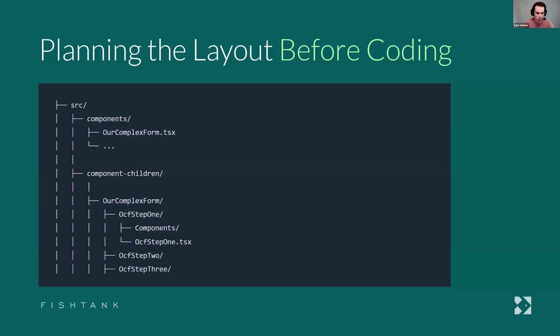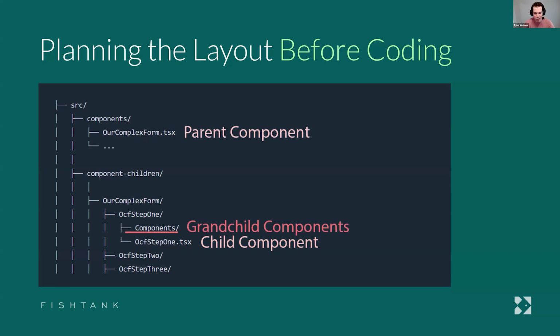So in this example, I have our complex form under components, and then inside of component children, I have a folder called complex form, and then another folder for each individual step. So our parent component would obviously be our complex form, and then the child components are inside these folders as well. I also have a subfolder for grandchild components if we're really drilling down, if it's super complex and there's a lot going on. But most of the time, you'd probably be fine just with the subcomponents without the grandchildren.